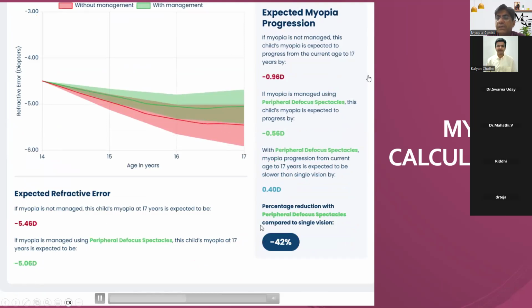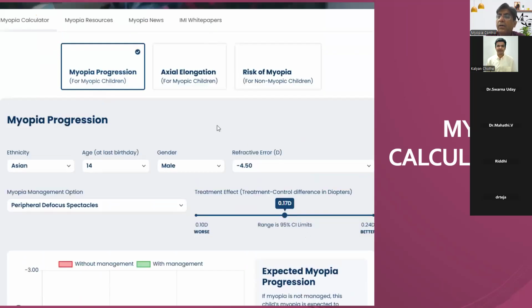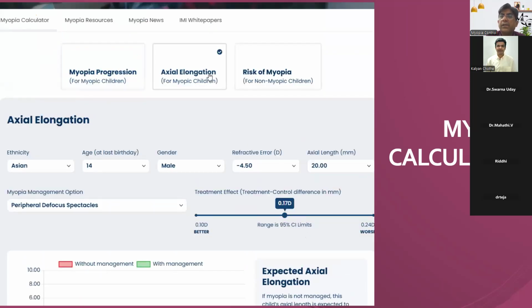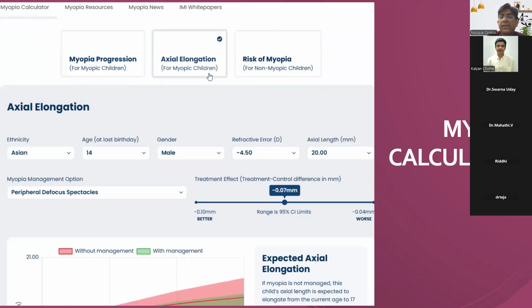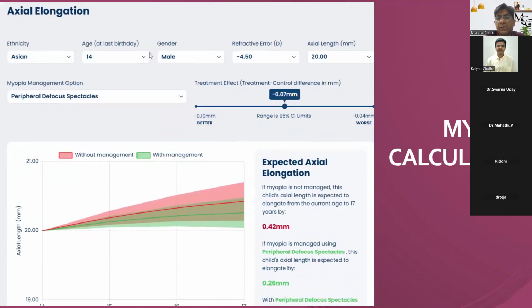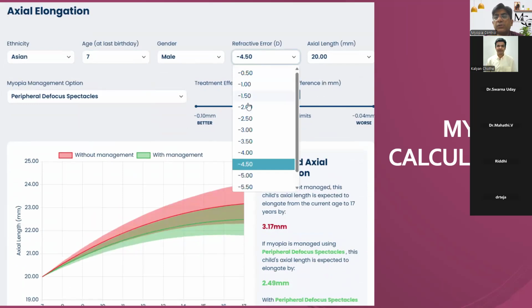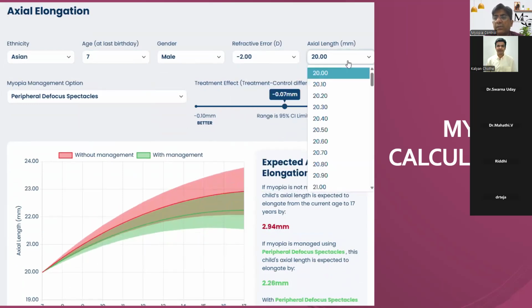This just gives you a basic idea. This is mainly for us. This is mainly useful to explain to the patient what is going on across the world, and these are some fancy charts which you can show that this is what will happen, especially for those parents who are Google oriented parents who have searched something and you want to tell them more about it.